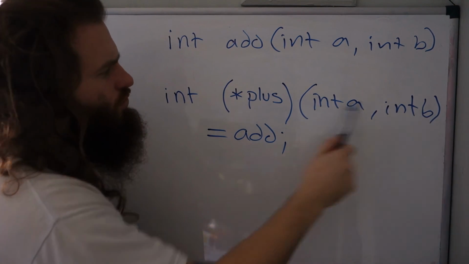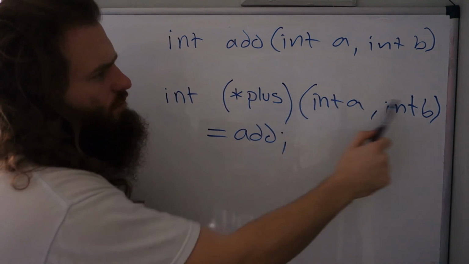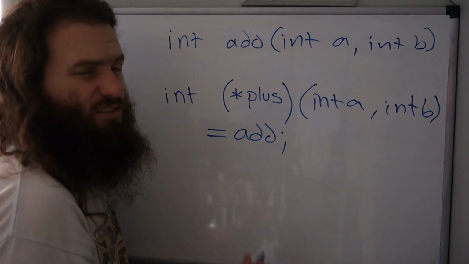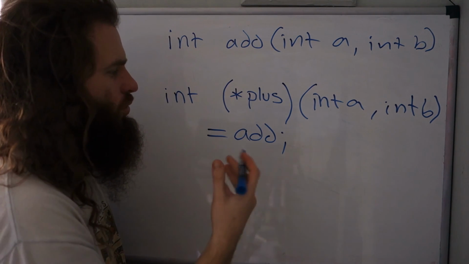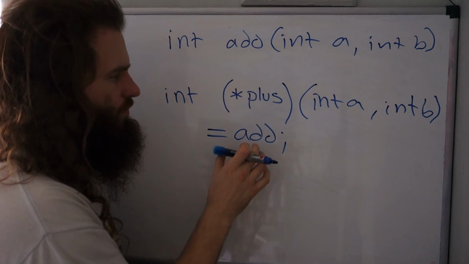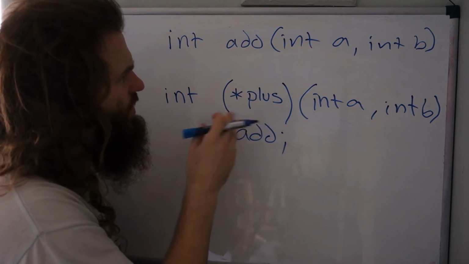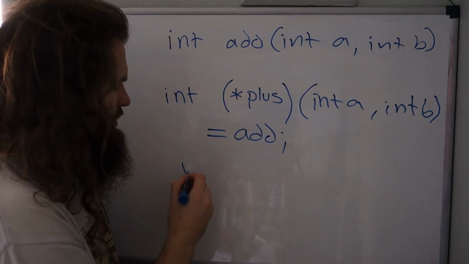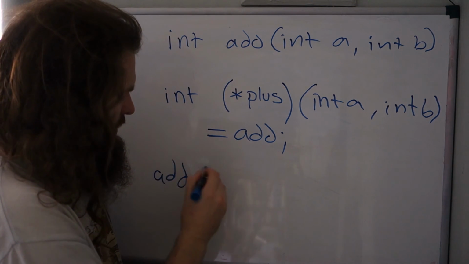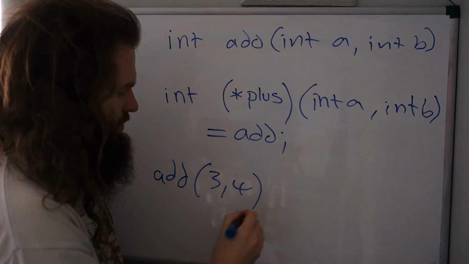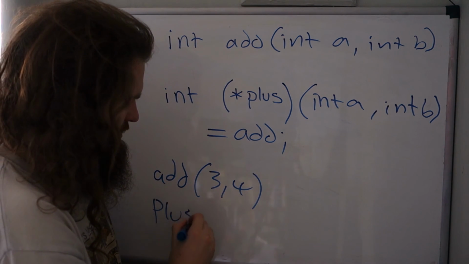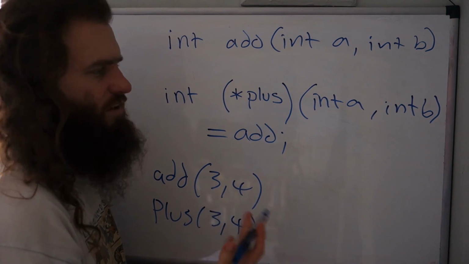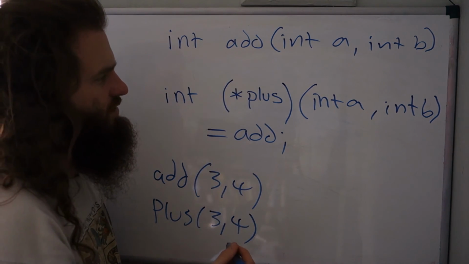And these arguments afterwards, and the arguments before, were required in order to create a type for this parameter. Now that that exists, the following two statements are equivalent: add(3, 4) and plus(3, 4). They're both going to return 7, if we assume that this function actually adds things together.